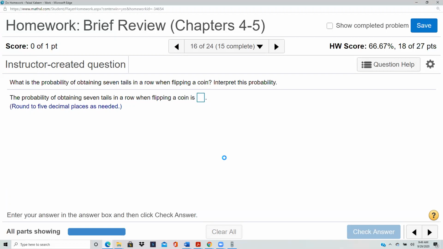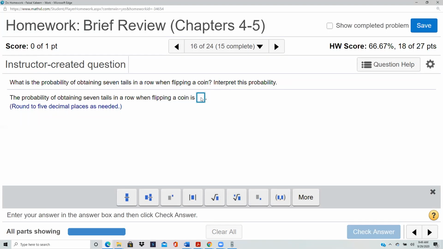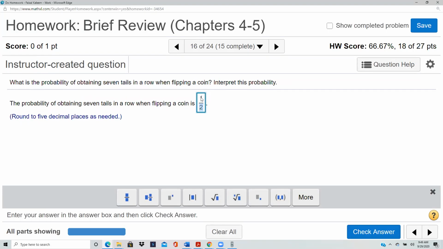What's the probability of obtaining 7 tails in a row? So what's the probability of getting 1 tail when you flip a coin? Wouldn't it be 1 out of 2 since there's just 2 sides? And you want a second tail, so again 1 out of 2 every time. So how many 1 out of 2s am I going to write? 7.